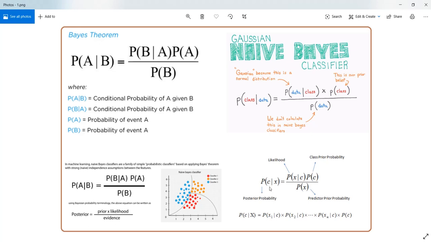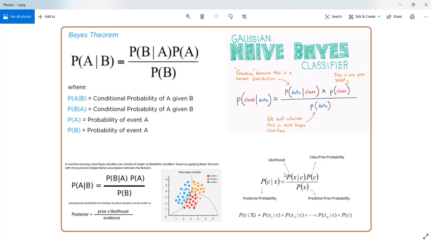So the posterior probability signifies the probability of finding one of the values of the target feature based on some future data. This is the predictor probability. These are all independent descriptive features, and their probabilities multiply with each other. These are the predictors' prior probability. And this is the likelihood, the white cells in the likelihood table.